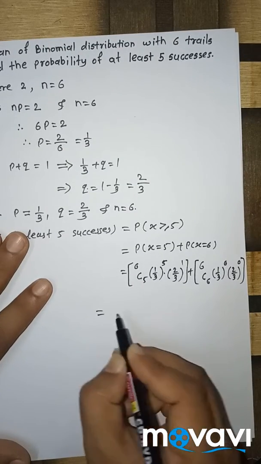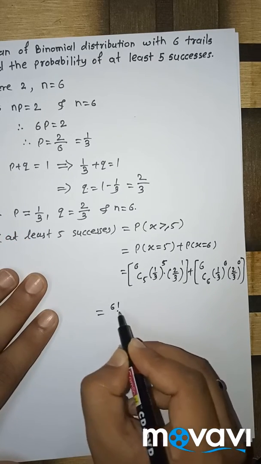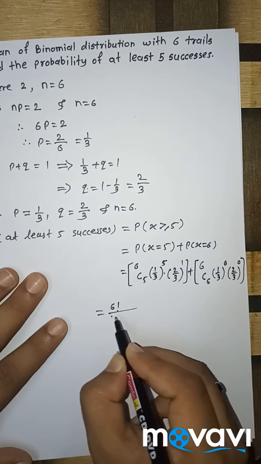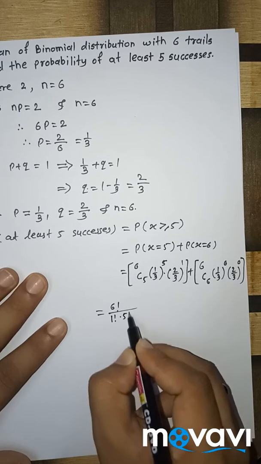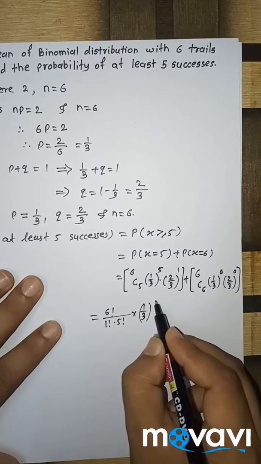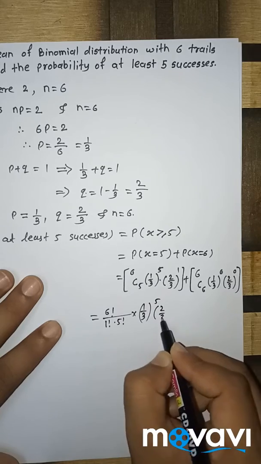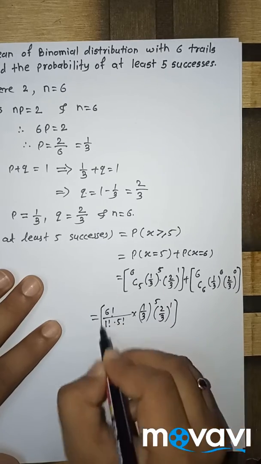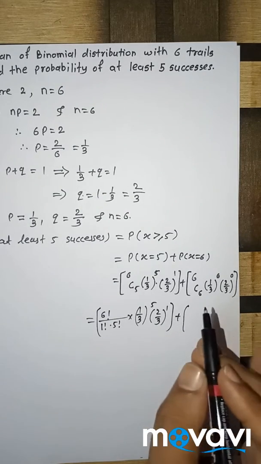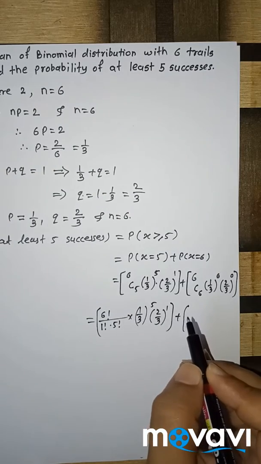Therefore, this is equal to 6 factorial upon 6 minus 5, meaning 1 factorial, into 5 factorial, into 1 upon 3 raised to 5 into 2 upon 3 raised to 1, plus 6 factorial upon 6 minus 6 factorial into 6 factorial.